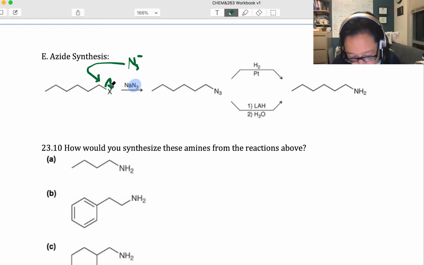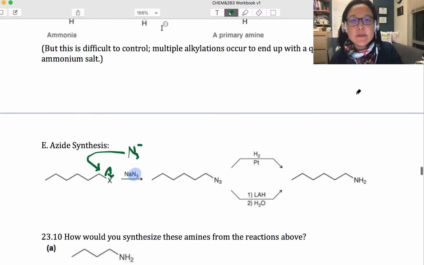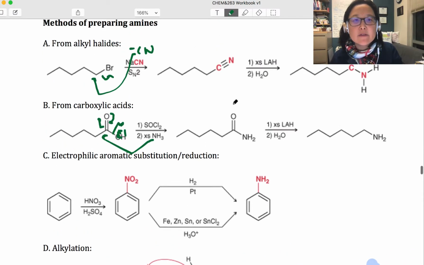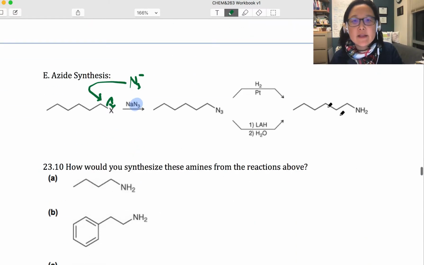So it's like an SN2 kind of reaction. And we have an N3 group here. And then with the N3, we can reduce that. It's very similar to this kind of reaction here. You can just reduce it, or LAH can reduce it as well.